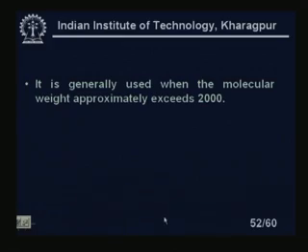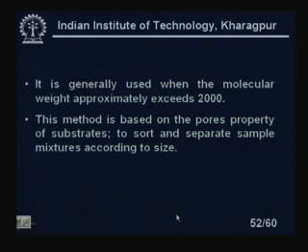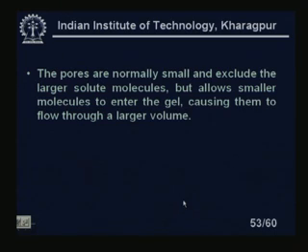Molecular exclusion chromatography is used when the molecular weight exceeds approximately 2000. This method is based on the pore property of the substrate to sort and separate sample mixtures according to size. The pores are normally small and exclude the larger solute molecules, but allow smaller molecules to enter the gel, causing them to flow through a larger volume.